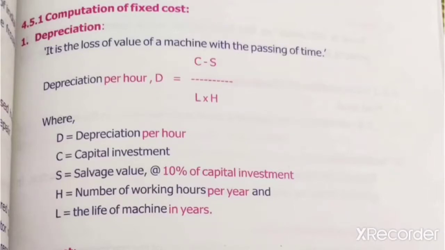Salvage value is the estimated value of an asset at the end of its useful life. H stands for number of working hours per year, and L means the life of the machine in years.